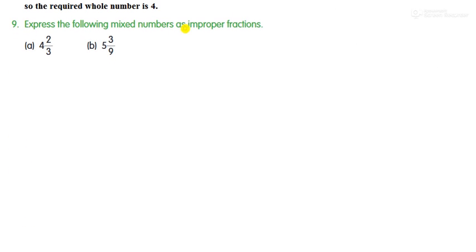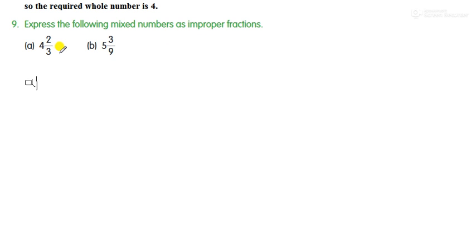Express the following mixed numbers as improper fractions. Here A bit is 4 and 2 by 3. So we have to convert that into an improper fraction.